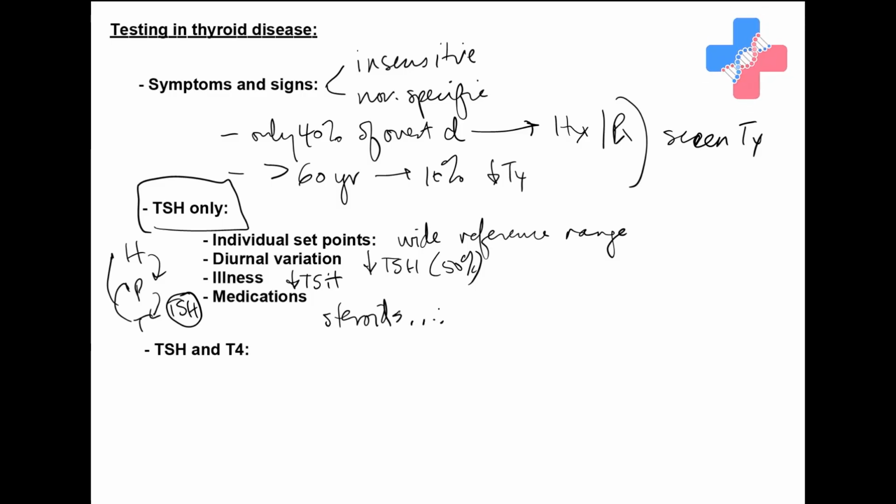So if you're in an outpatient setting with a perfectly well patient, everything's stable, TSH is a really good screening strategy for thyroid disease, but you have to do it in the appropriate patient. A better way of doing this, although more expensive, is to do both TSH and T4, because they have inverse relationships, a high TSH and low T4 and vice versa.